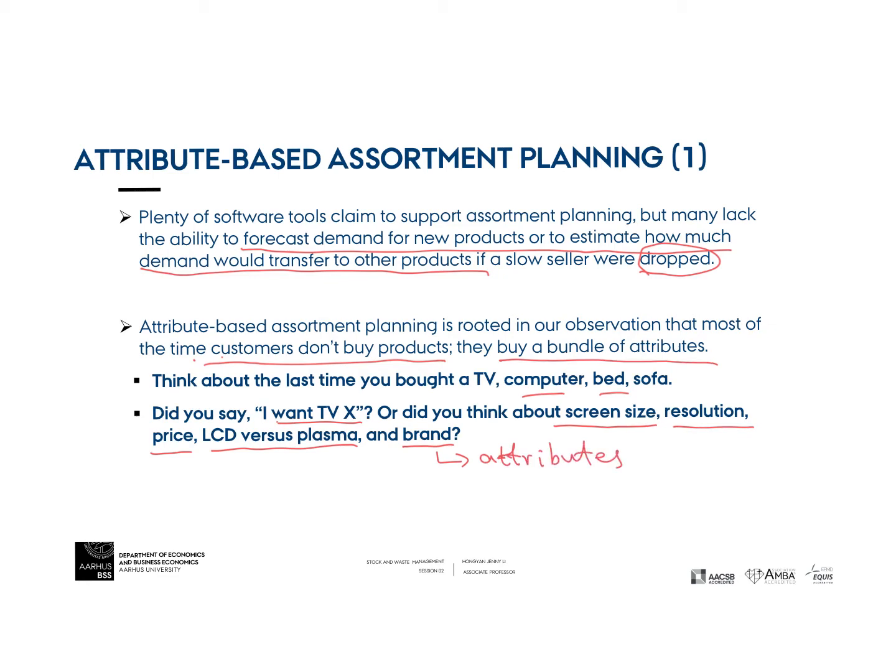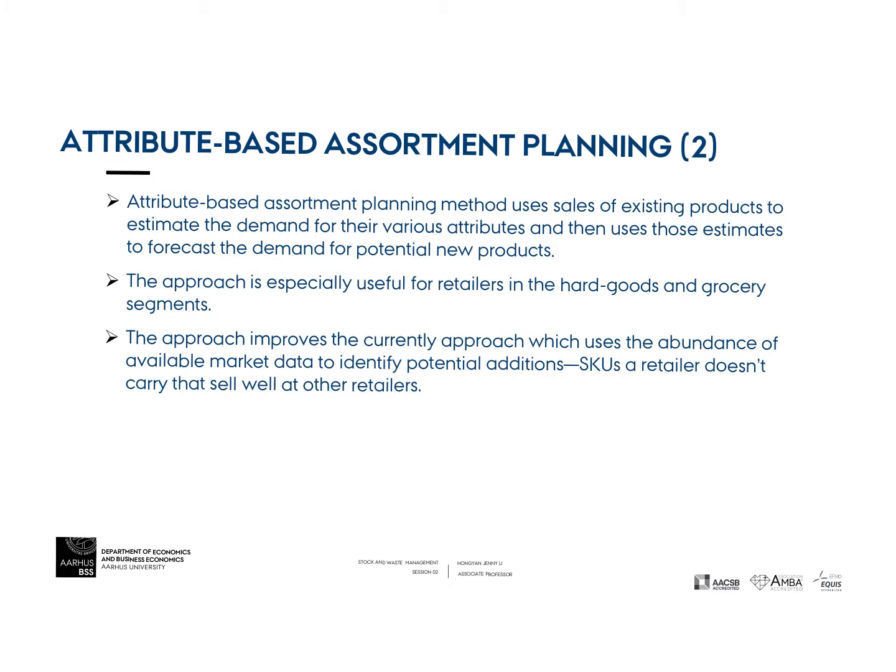Now the question is, if you know how customers make purchases, how will this be applied in assortment planning? Based on the historical records for a retailer, the attribute-based assortment planning method uses the sales of existing products to estimate the demand for their various attributes, and then uses those estimates to forecast the demand for potential new products.